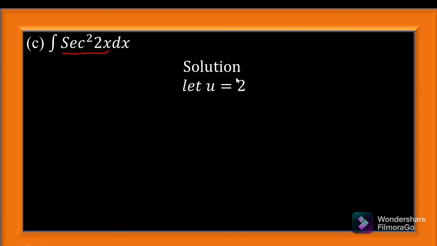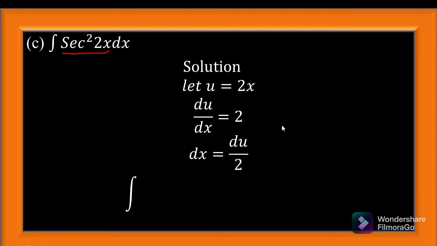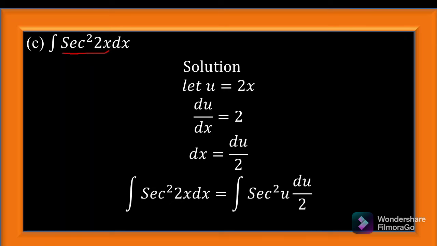Let u equal 2x, which is our angle. du/dx will be 2 when you differentiate 2x. Make dx the subject. It becomes du out of 2. Come up with the whole of this integral, which is now the integral of sec squared of 2x dx, becoming the integral of sec squared of u with respect to u, but this time around the du is divided by 2.